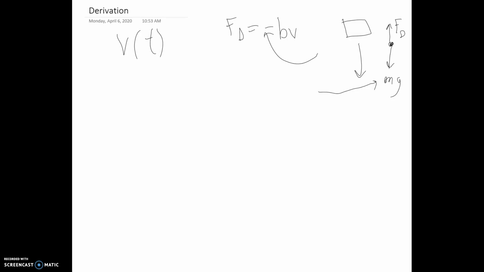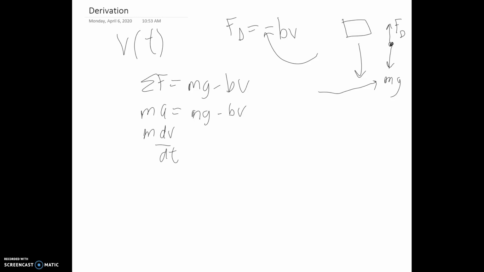So the first thing we're going to do is use Newton's second law, F equals ma, and say that the net force equals mg minus bv. Well, we know that the net force equals ma, and we know that a is the derivative of velocity with respect to time.